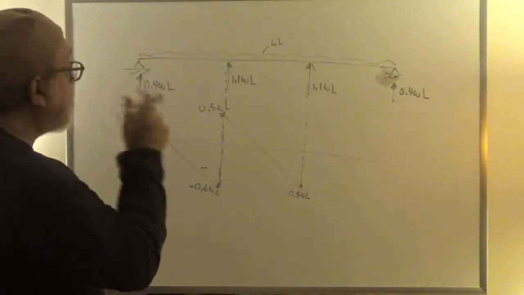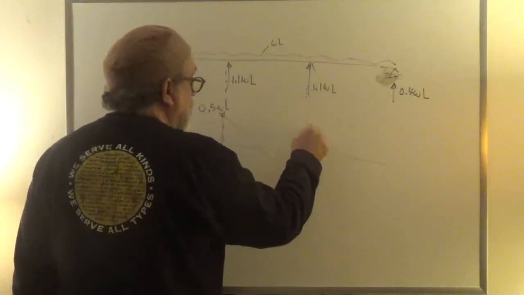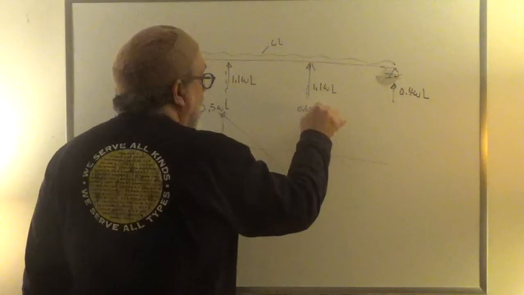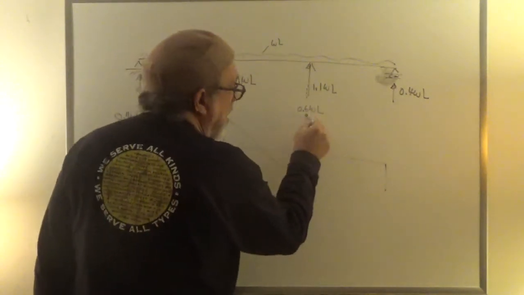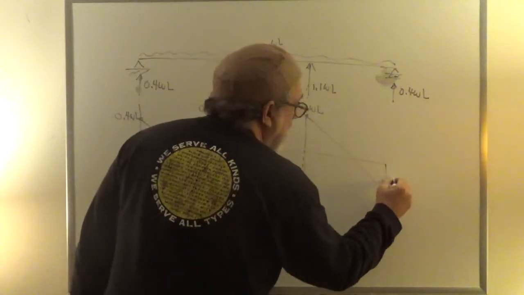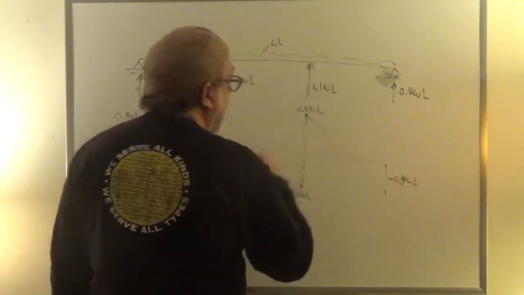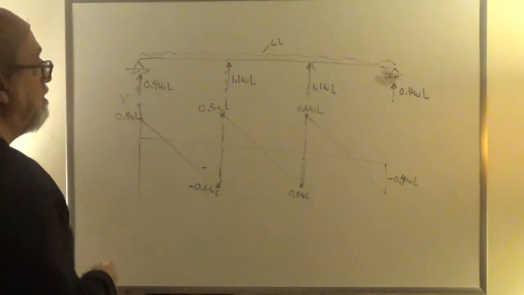And then we have a jump of 1.1, which takes us to 0.6 WL here. And then we go back down at a constant slope of 1, and we cross here, and we have minus 0.4 WL and 0.6 WL. And so that is the shear plot.